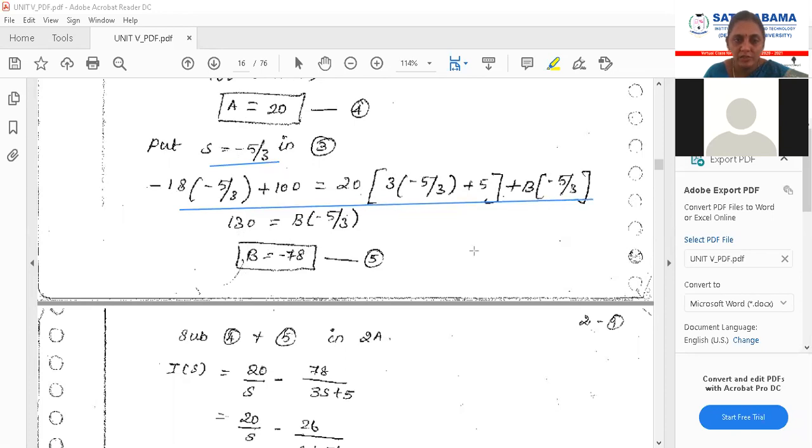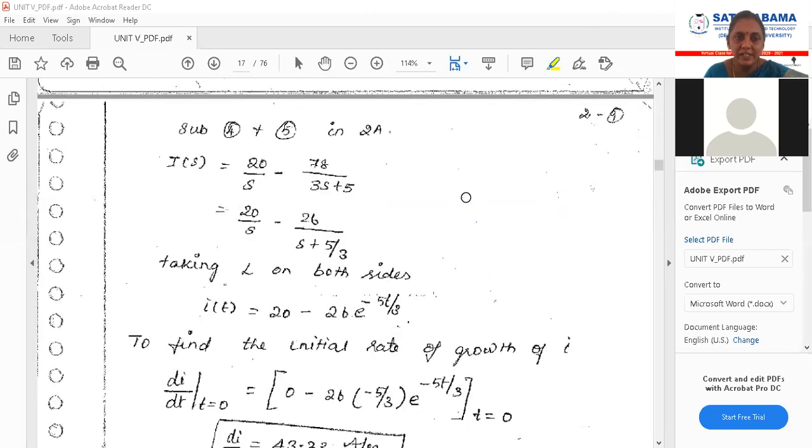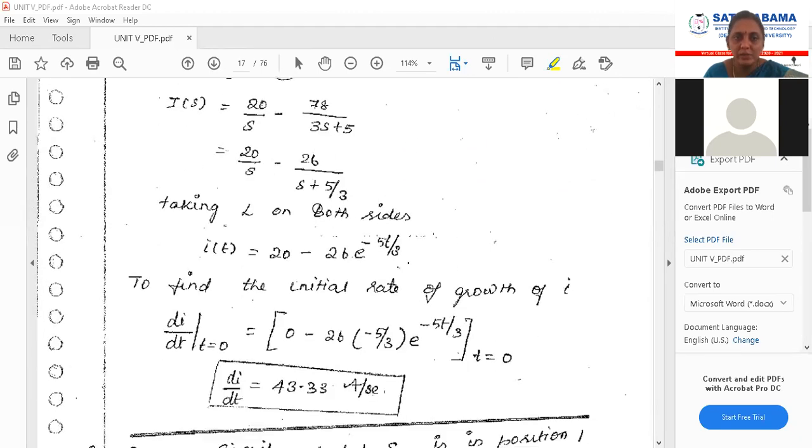After solving this, you get B is equal to minus 78. Now we had got A value 20 and B value minus 78. Now substitute here. So this will be 20 by S minus 78 by 3S plus 5.